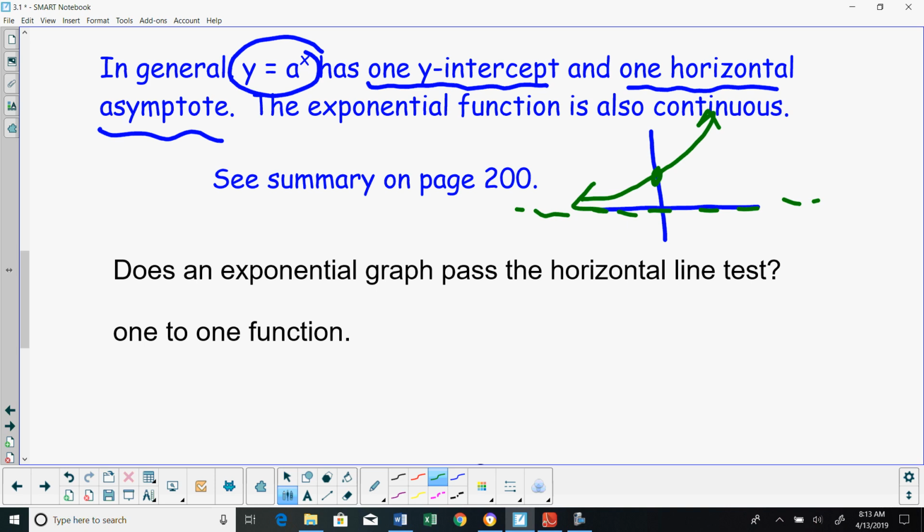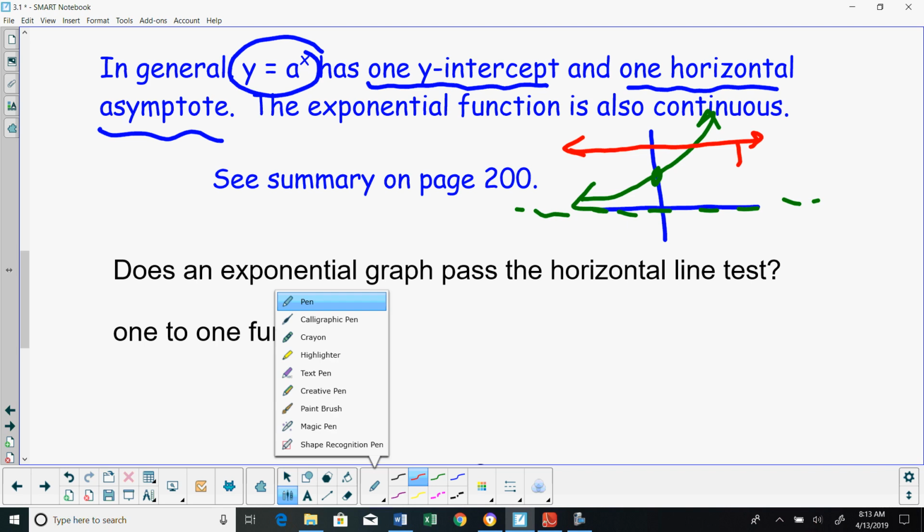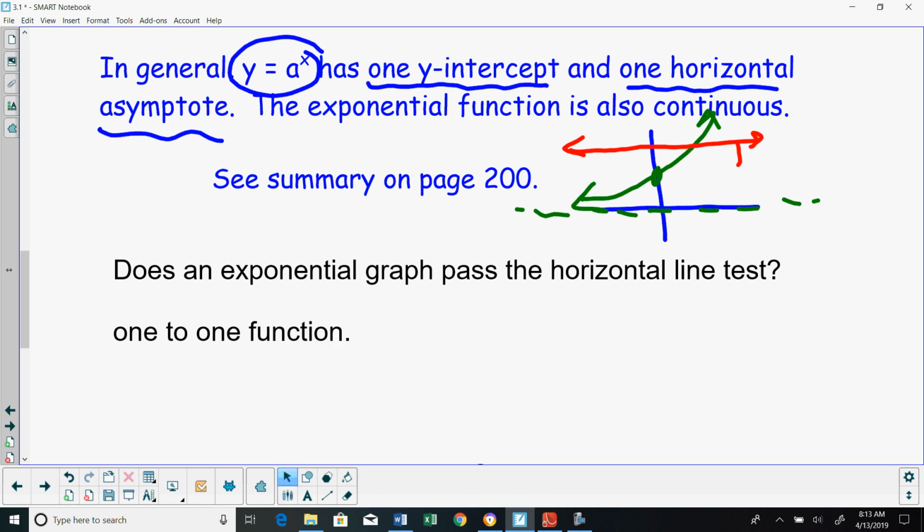But in general, can we say that an exponential function will pass the horizontal line test? Remember, the horizontal line test is what tells whether a function is going to have an inverse or whether the inverse is going to be a function. Well, in this case, I think we can see that this horizontal line is going to cross the graph in at most one point.